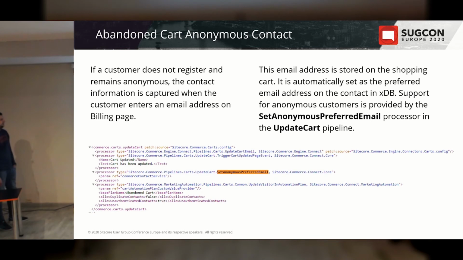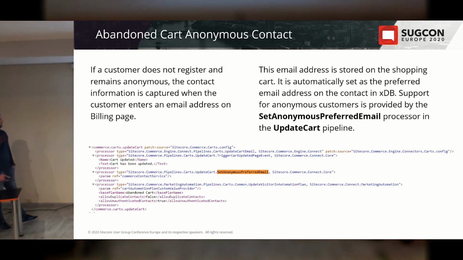So in that case, Sitecore added a new processor for that. It's the Set Anonymous Preferred Email processor. What's happening there? Basically, it saves this billing address directly to the customer cart entity in Commerce, and it also creates a commerce facet with all necessary information.